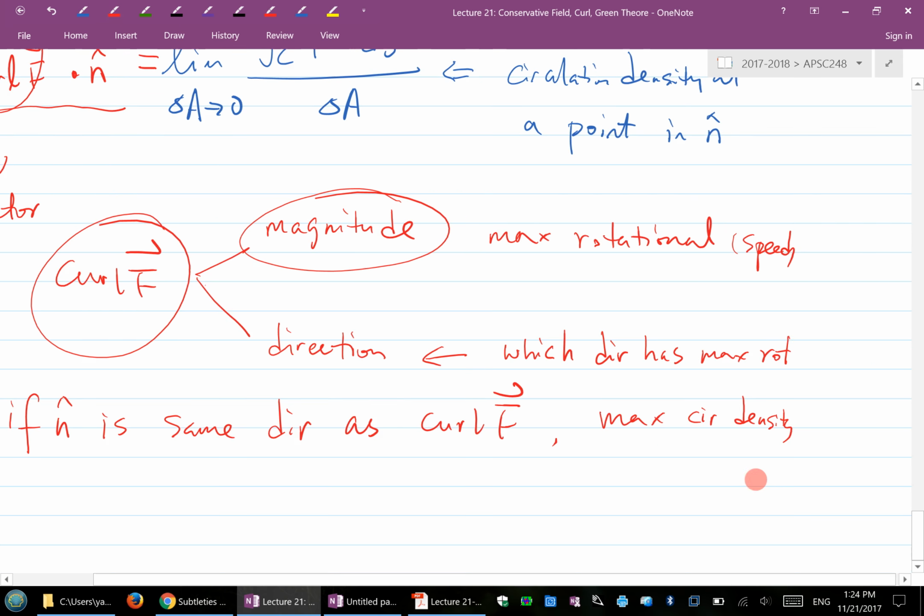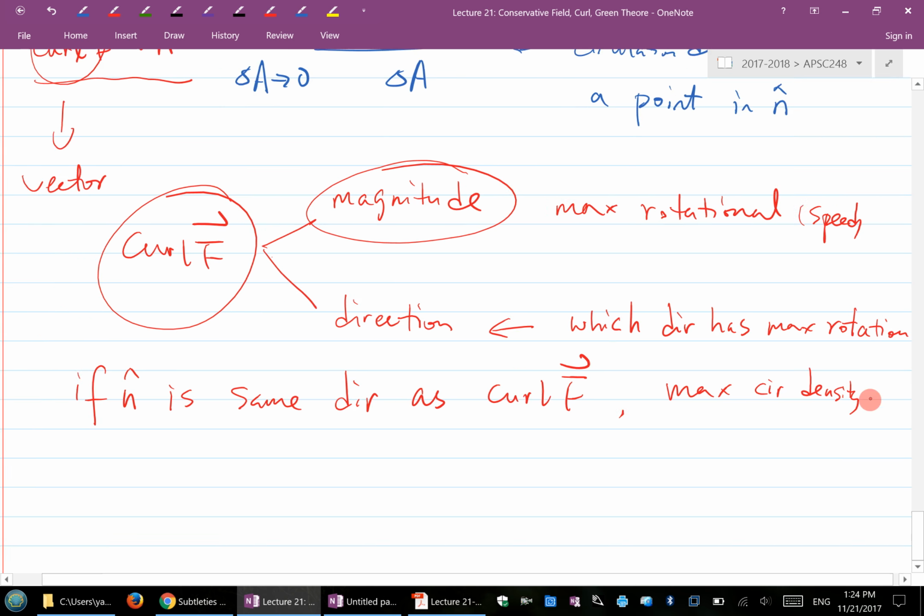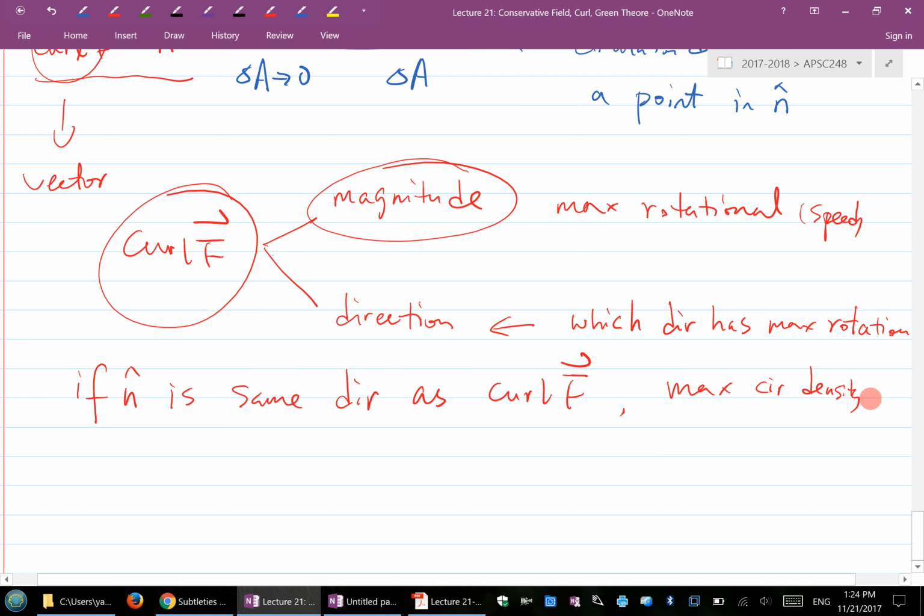So what the curl means here: the magnitude gives the absolute value of the maximum rotation, and the direction gives the direction in which you have the maximum rotation for that vector field.